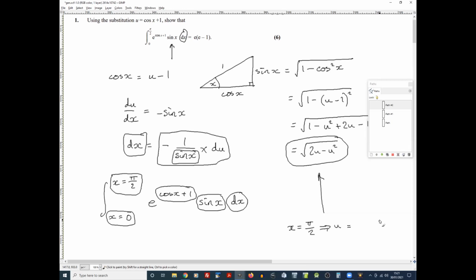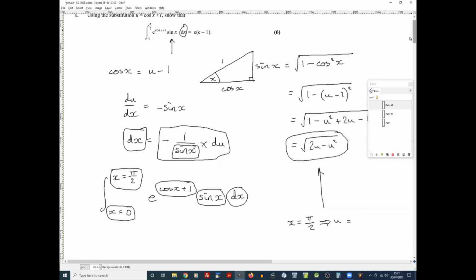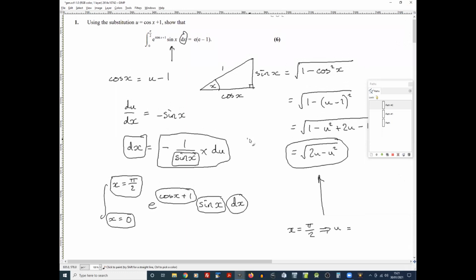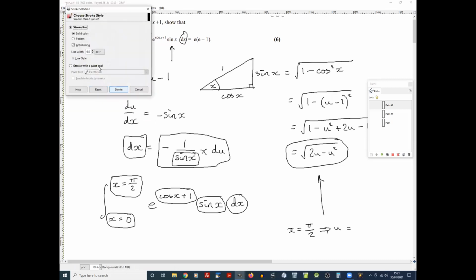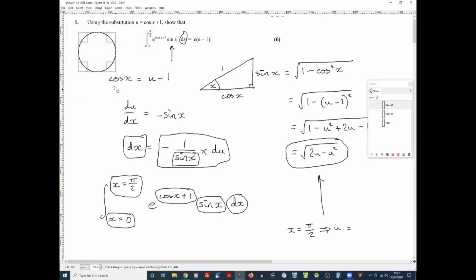I don't mind drawing the picture as well. I just thought on this occasion let's talk about it so that I know you're looking at a picture in your mind's eye. Pi over 2 is at the top of the clock, isn't it?